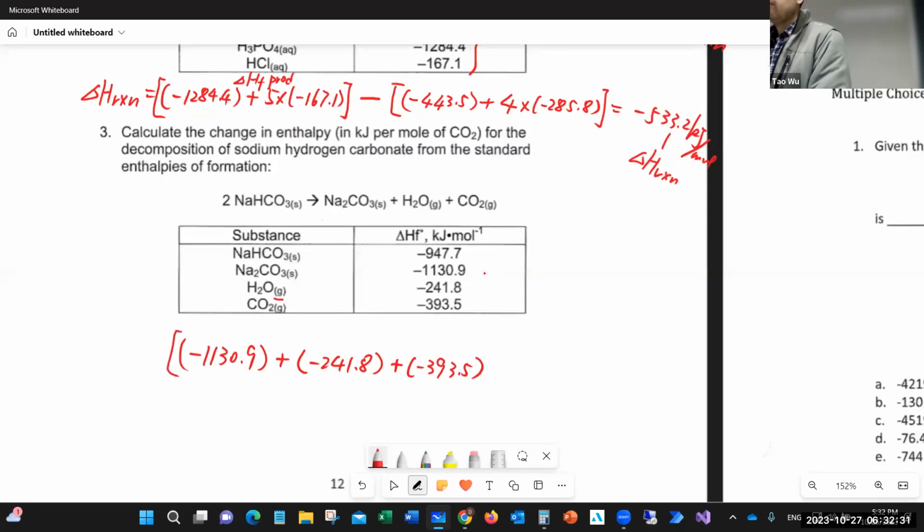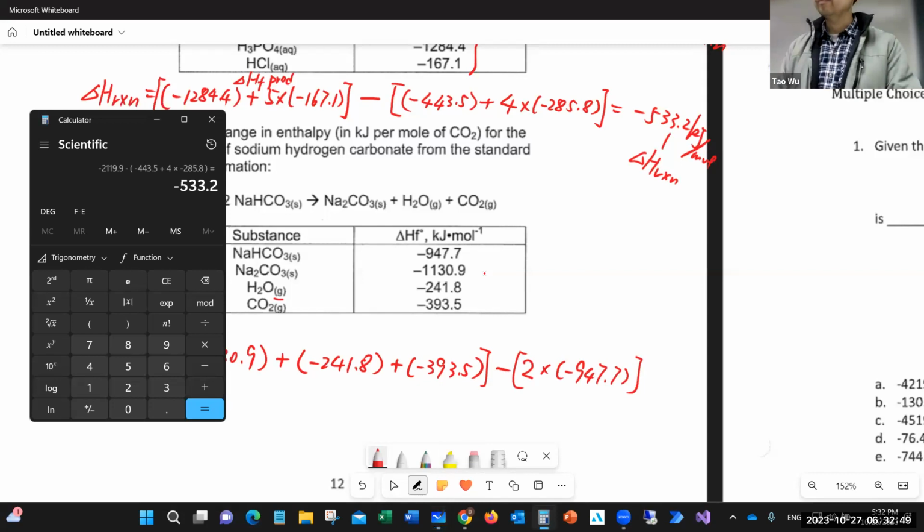So this is what we have for the products, and you subtract the reactants. We have 2 of the sodium bicarbonate, which is negative 947.7. Okay, now let's figure out what the difference is. 1130.9 plus 241.8 plus 393.5.